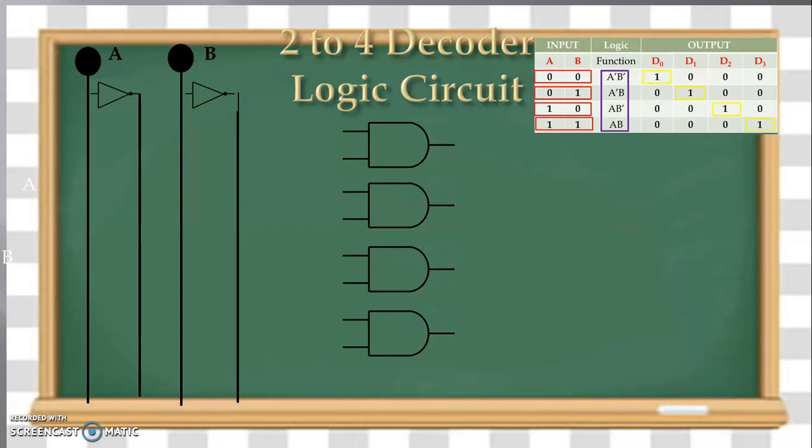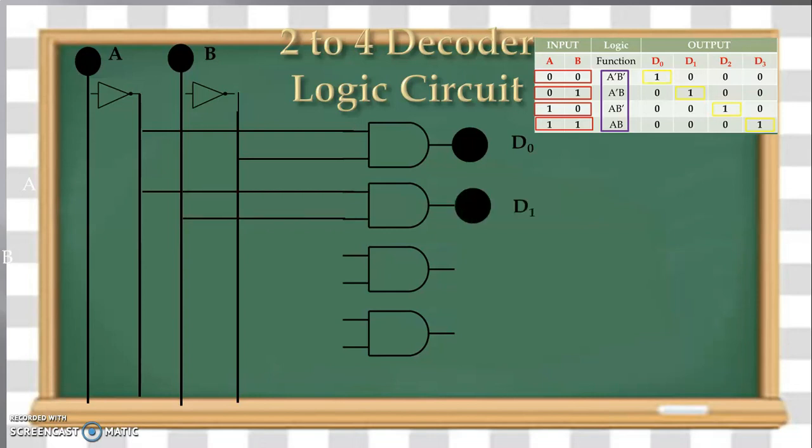For the first data line D0, the logic is A bar, B bar. So we give the inputs A bar, B bar, and for this particular combination we get the output line D0. For the second output line, we have the combination 0 1, that is A bar B, so with the input combination A bar B the output is D1.